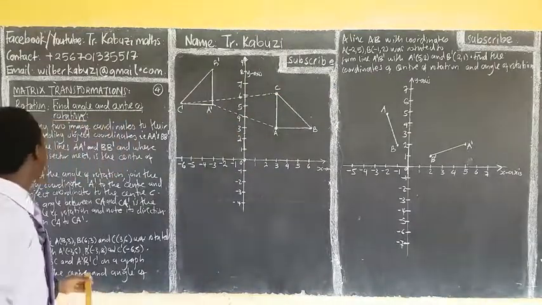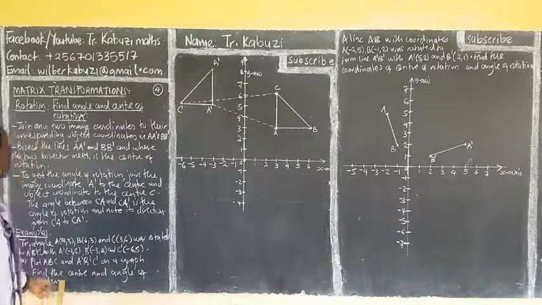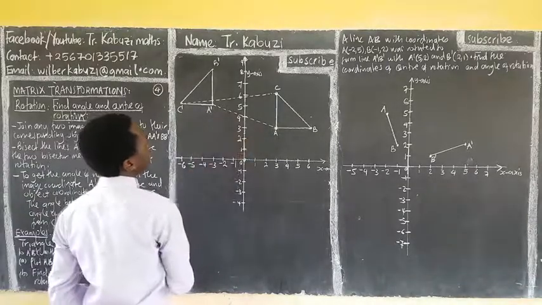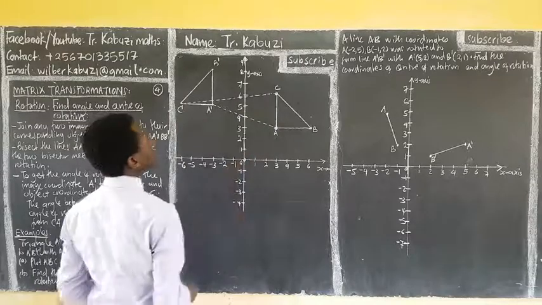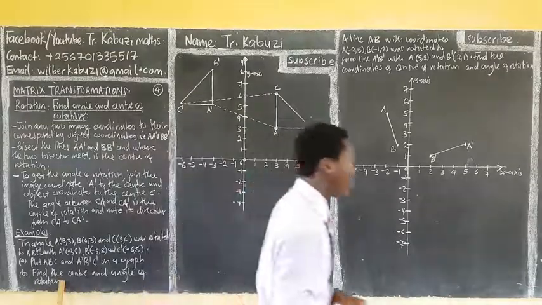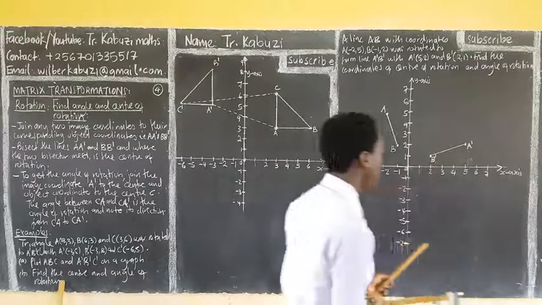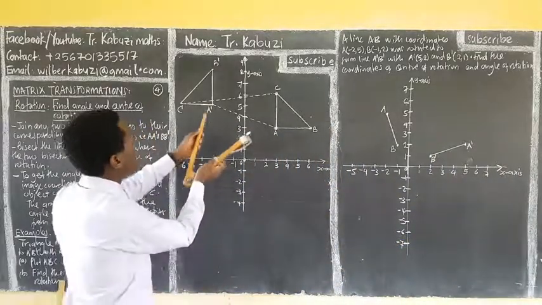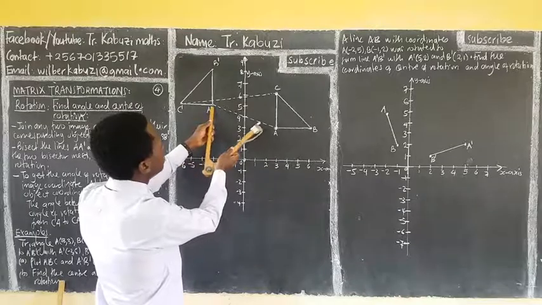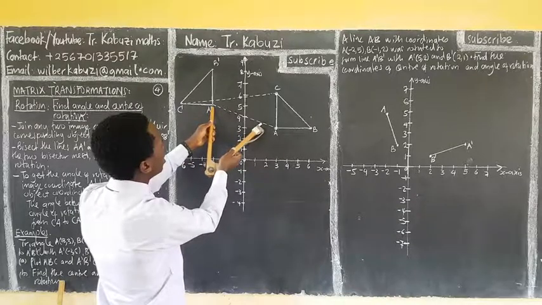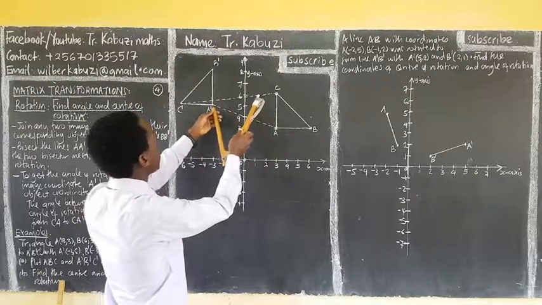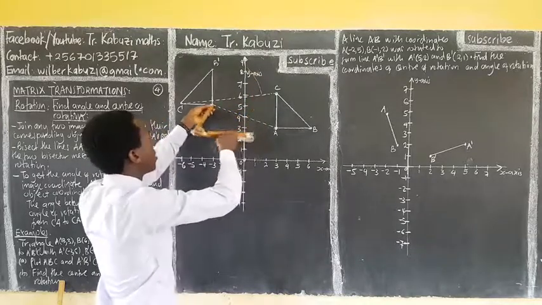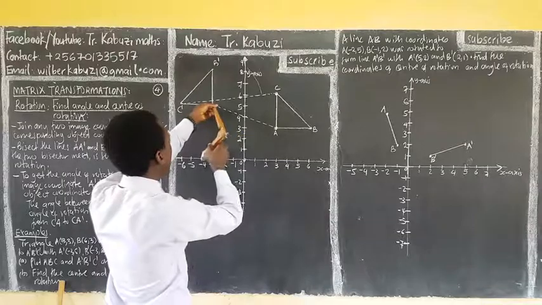Now after joining them, we bisect. I'm going to bisect A A prime, then C C prime. You come and you get your compass. You know how we bisect the line. From here to here, you just need the midway of that line only. Then you draw an arc above it, and also an arc down.